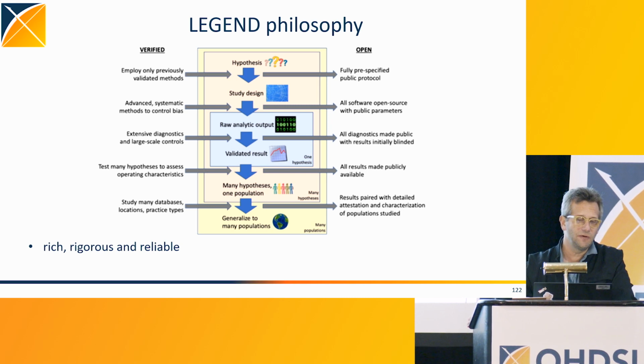And bringing this together leads to the 3 R's of well-done observational research, which is rich in the information that it provides. It's not p-hacked and singly focused. It's rigorous, using systematically done best practices. And because of its large scale and its incorporation of diagnostics and everything that we're looking at, it can be considered reliable with really known operating characteristics.